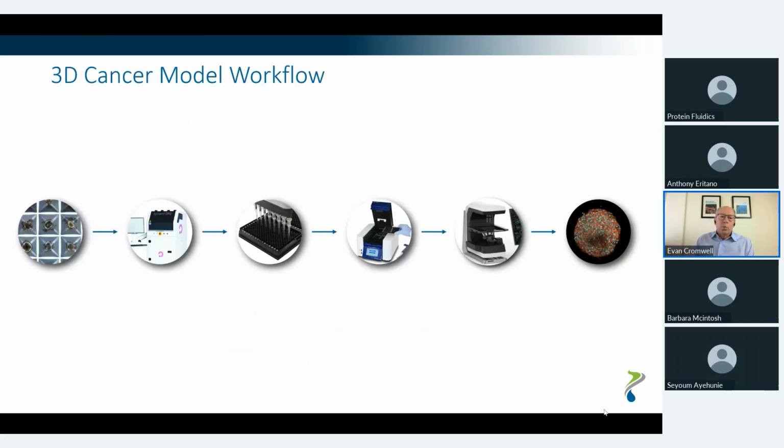But I think what we really want to emphasize here is the development of 3D models is really at a crossroads. It's now being used extensively in pharma, but there's still not the tool set that you need to move this into that next phase of drug discovery, the higher throughput, where it becomes very reliable and very reproducible. And that's really where we're focused on, using our Pu.Ma system to automate assay steps with 3D cell models.